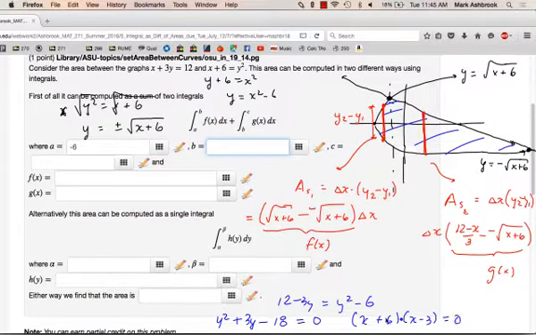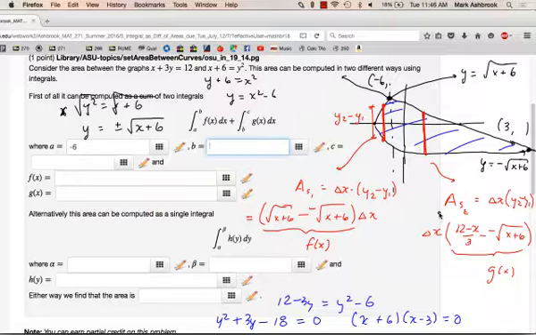Therefore, this is x equals negative 6 here, and this is x equals 3. So my picture is way off. It's not to scale at all. But it's okay. We got the general gist of it, and as long as we get the numbers right in the algebra.